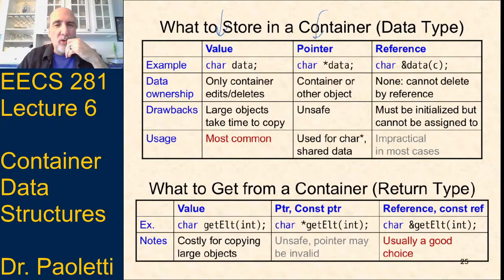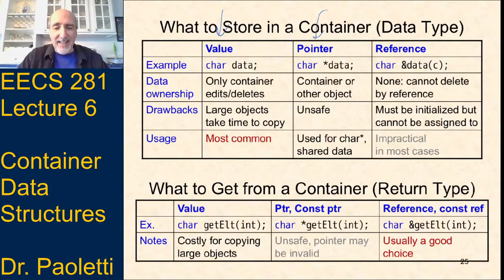Even if you get it to work, you can initialize references, but you can't change the references. If you try to change the references, you change the original data. So it's a big pit of compiler errors and runtime errors if you try to put references inside of a container. Like if you just say vector of char reference, won't compile.